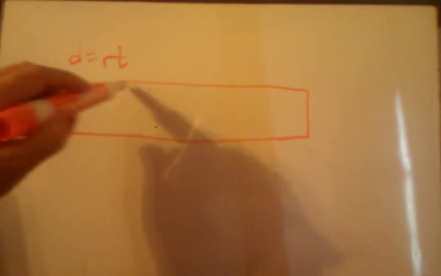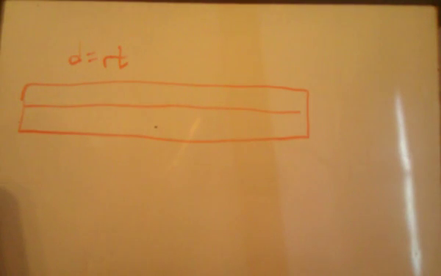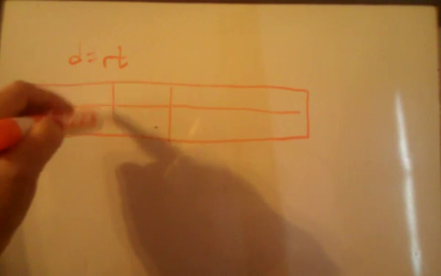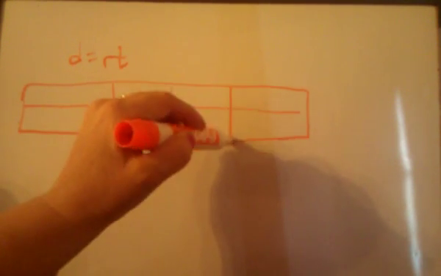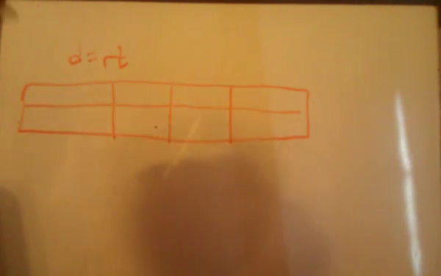Okay, so let me put my chart here. I noticed I have not been making my charts big enough. And it wants to know at what time. So I need rate, time, and distance. So I need 4 boxes. Okay. Mr. Black and Mr. Smith.